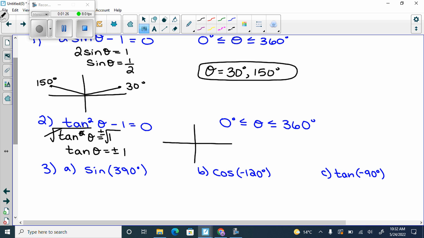If you look at your 45-degree reference angles, it's root 2 over 2 and root 2 over 2, or root 2 over 2 and negative root 2 over 2, which would make it be negative 1. So in this quadrant, we have root 2 over 2 and root 2 over 2. So tan theta would equal 1. In this quadrant, our y is root 2 over 2, but our x is negative root 2 over 2.